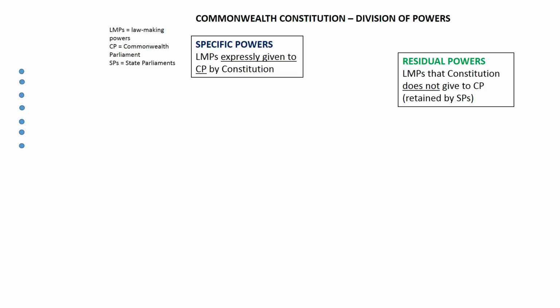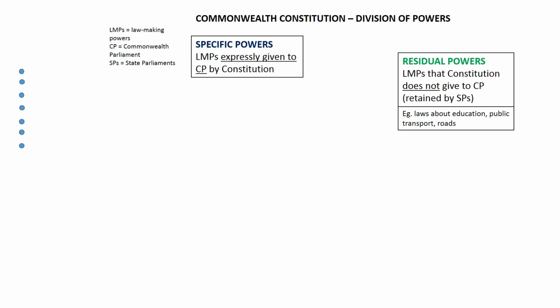However, the state parliaments, which have been around firstly as colonial parliaments before 1901, and then after Federation as state parliaments, had the power to make all sorts of laws with respect to the colonies and then the states. And some of those powers have been retained by those state parliaments. Think about what the state parliaments are responsible for.